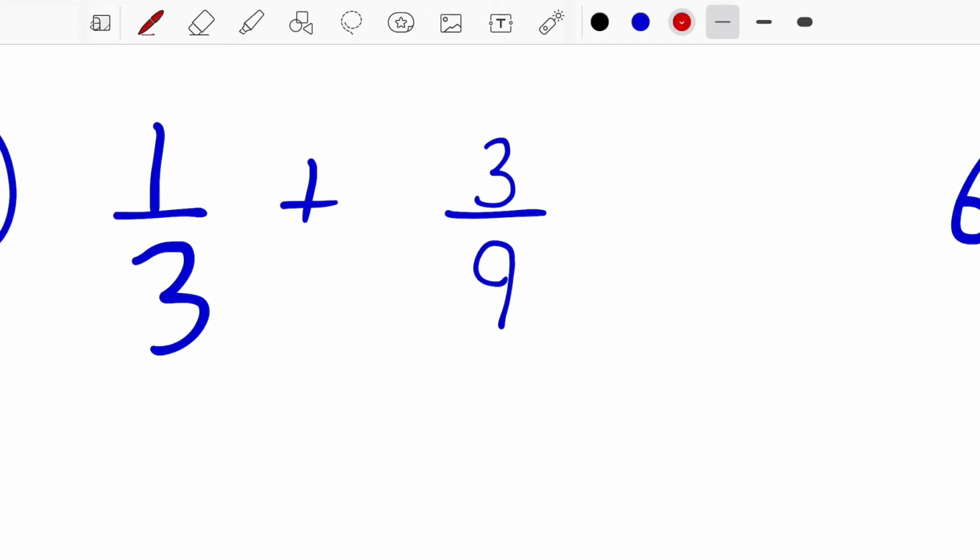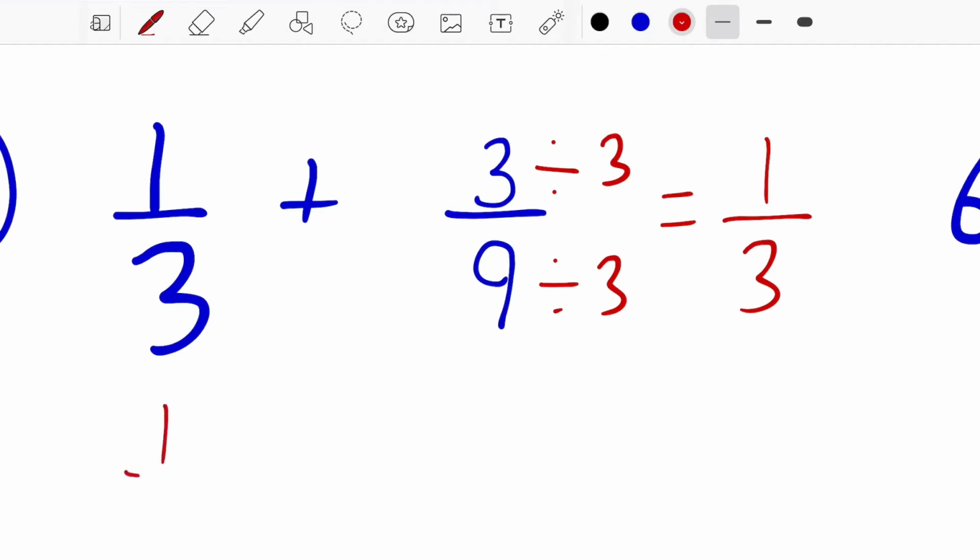So let's do that. 9 divided by 3, and we must do the same to the numerator. 3 divided by 3 is 1, and 9 divided by 3 is 3. So now we have the 1/3 plus the 3/9 is also equal to 1/3. So that will be 2/3.